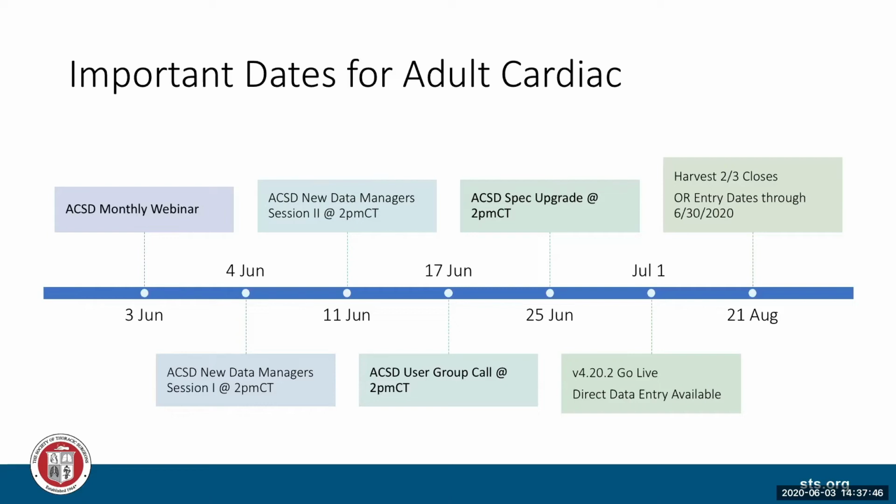You would use the time from the start of the procedure: OR entry time would be the time the patient rolled through the door. The incision time would be the first incision on that patient, so that would be the neck incision for the carotid. And then your closure time would be the final closure of the second part of that procedure. If it was a CAB, then you would use those times.